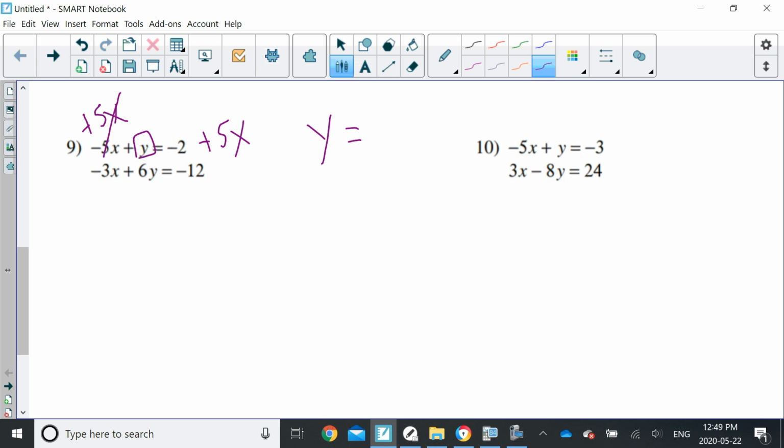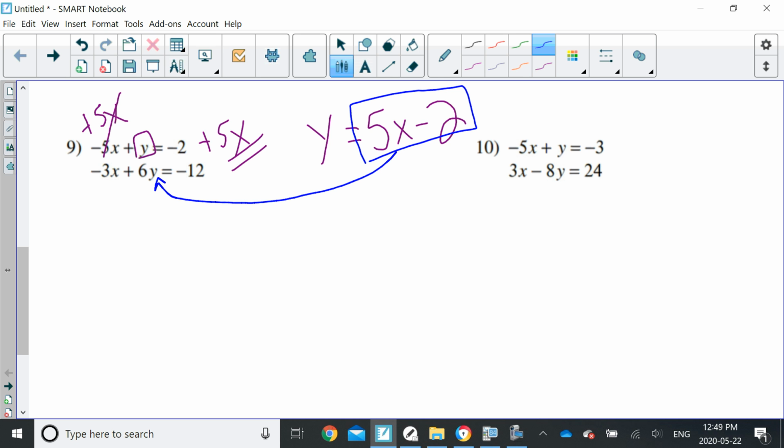Y is equal to, I'm going to write this first. I always like to write it in the form of mx plus b. So I'm going to write the 5x first, minus 2. I just solved for y. So from here, what would I do? I would take what y is equal to, and where does it go?